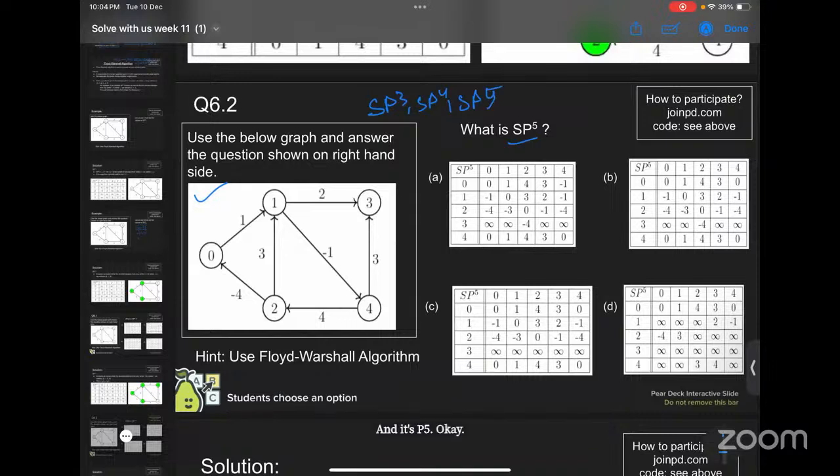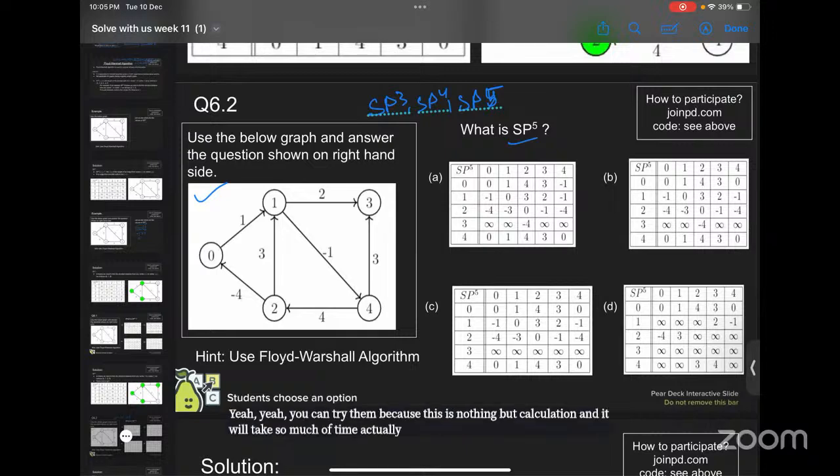If all of you agree, then I can skip the problem and you can solve it on your own. Is it okay for all of you? Yeah, ma'am, skip. We'll try first. Yeah, you can try them, because this is nothing but calculation and it will take so much time. That is why I want to skip it.